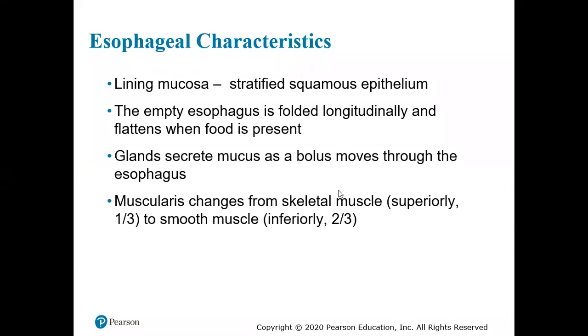The esophagus has a stratified squamous epithelium to protect it from abrasion, but it also is interesting in that its muscular layer changes from skeletal muscle for the superior third to smooth muscle for the inferior two thirds. As we would expect, glands secrete mucus to help the bolus slide along the esophagus.